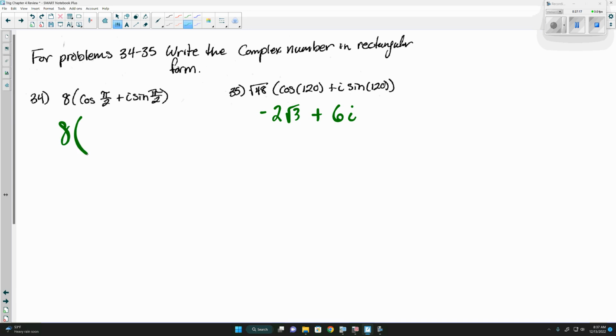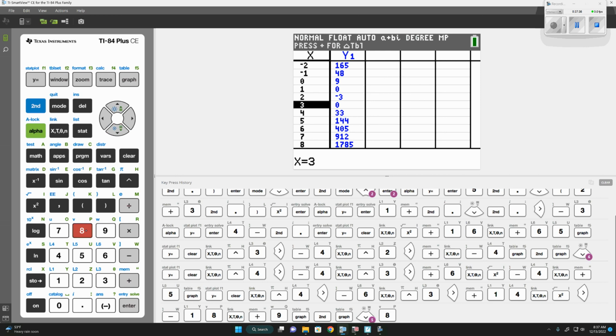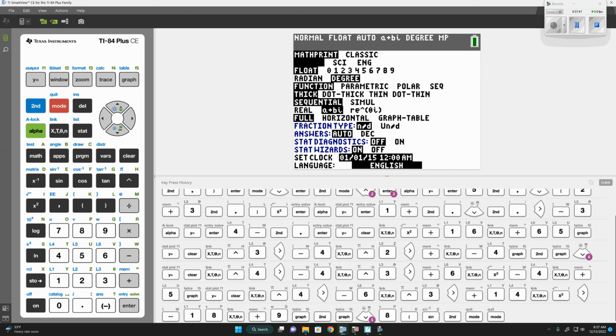Because on these here, actually, this one here, we could type straight into the graphing calculator and it would work just fine. Mainly because pi over 2 is 90 degrees, it's straight up, which means sine and cosine are going to be either 1 or 0. So 8, second quit, mode, radian.